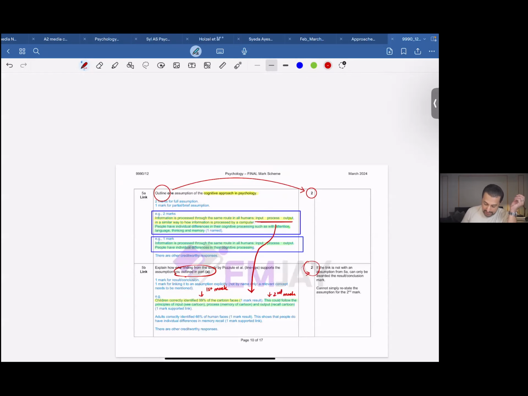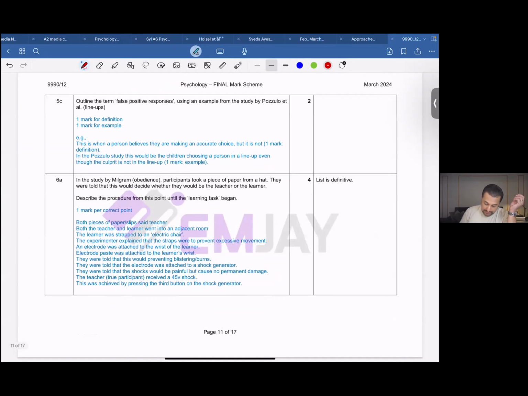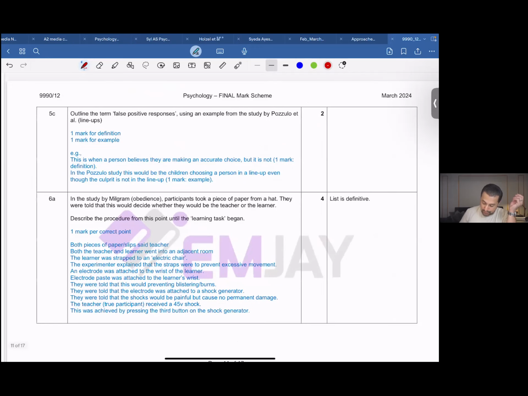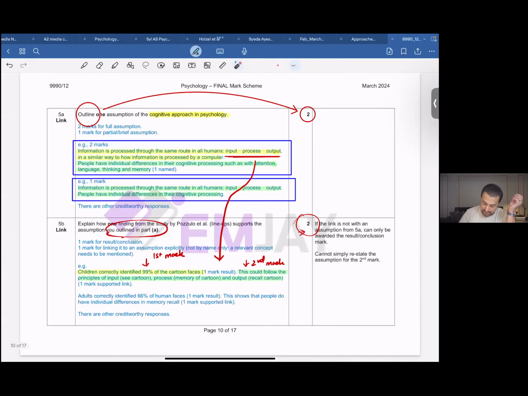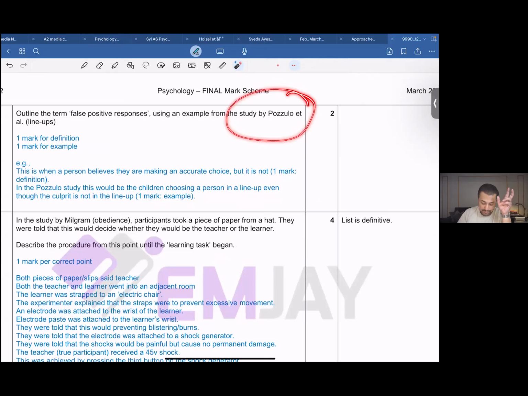Taking this quickly ahead, the third part. For Pozzolo, the examiner thought of giving 3 sub-questions, 3 questions of 2 marks each, 2 from here, 2 from here, and 2 from here. Now, outline the term false positive responses using an example from the study by Pozzolo. So you need to explain false positive responses in relation to the study by Pozzolo et al.